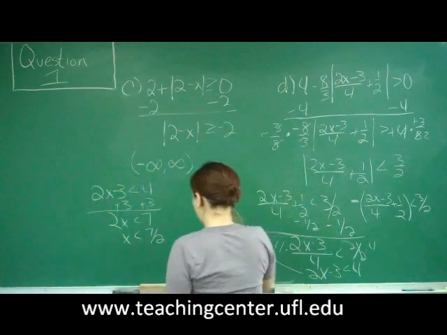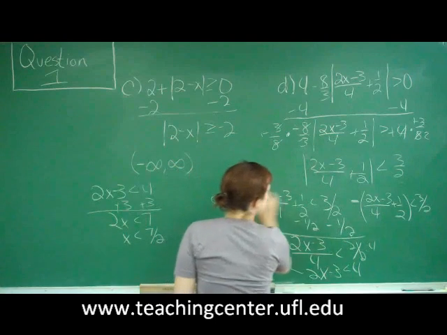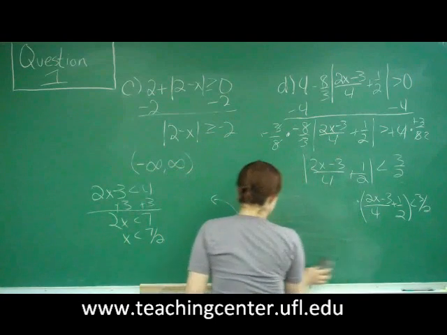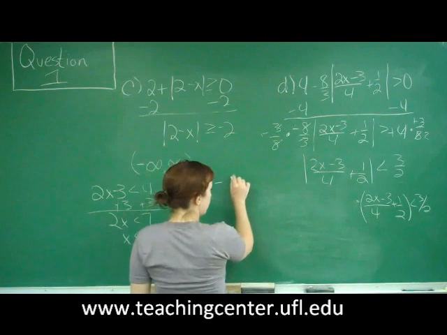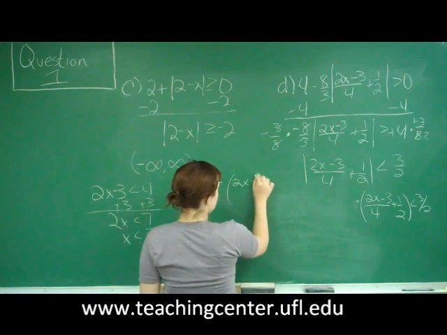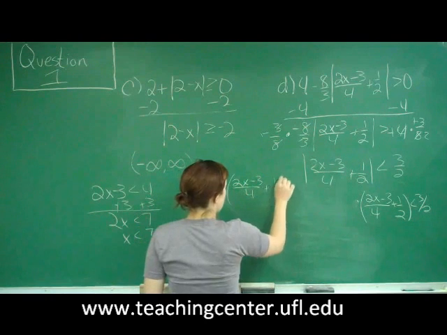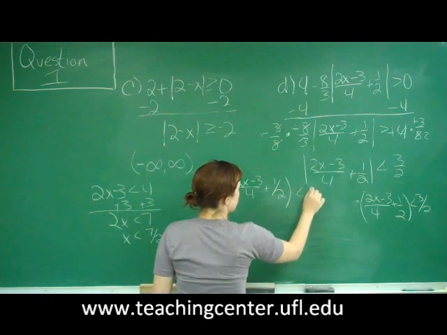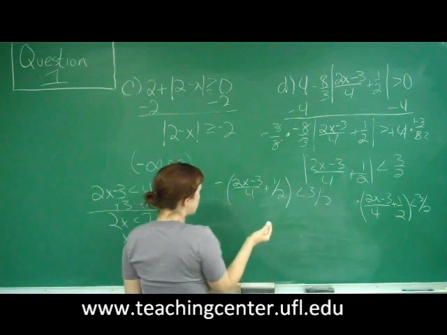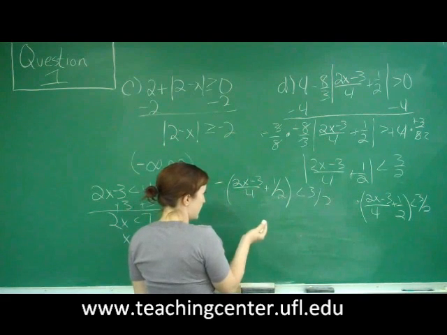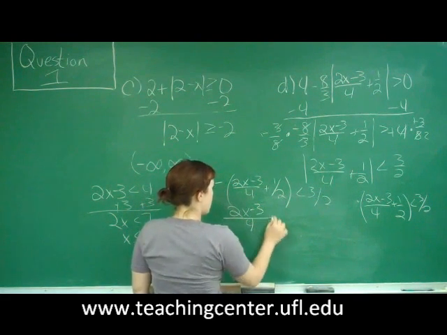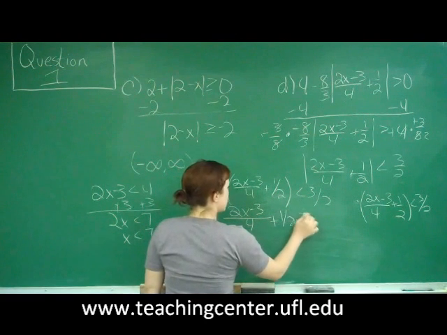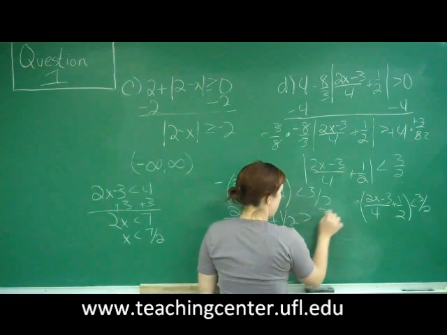And then I'm going to erase this, because we're not going to have enough room. So again, I'm looking at negative (2x minus 3)/4 plus 1/2 less than 3/2. So I divide through by a negative, and I get (2x minus 3)/4 plus 1/2 is greater than negative 3/2.